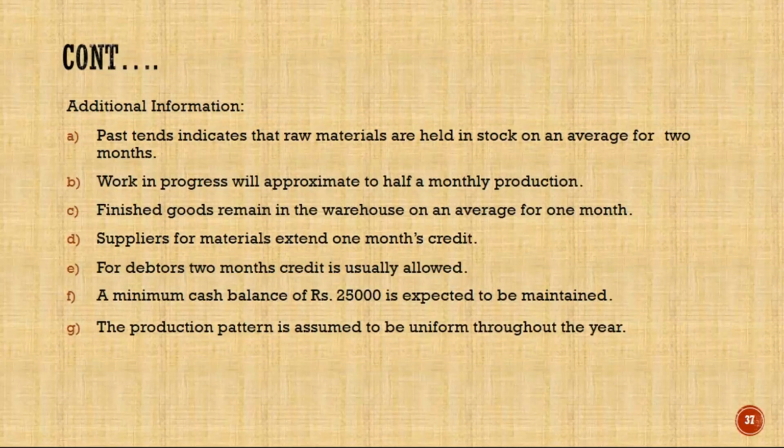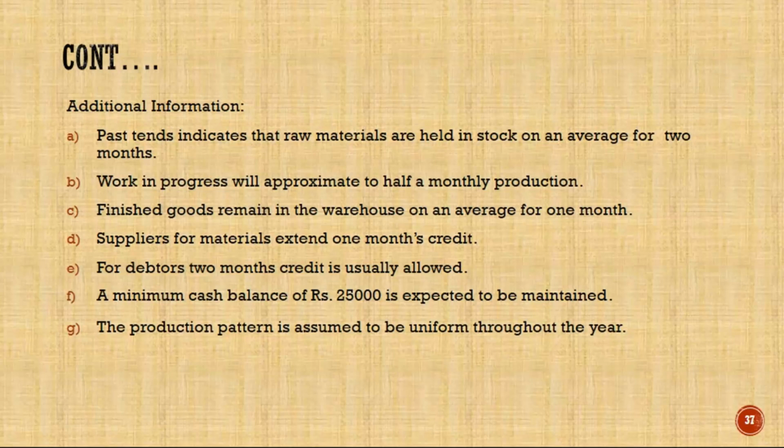Now the next is some additional information they have provided to us, which will help to estimate or compute the requirement of working capital. So let us see one by one what is the additional information given. First is past trend indicates that raw materials are held in stock on an average for 2 months.